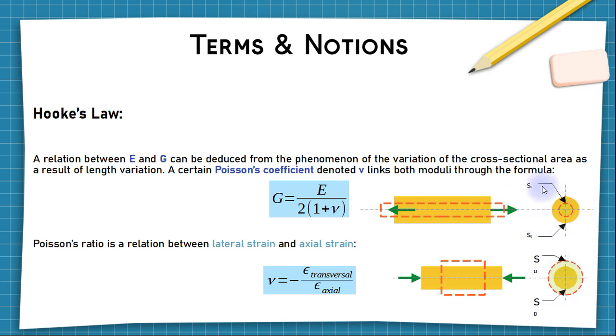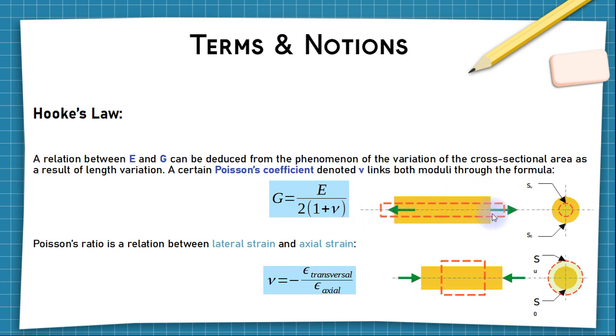So you see here, when something is solicited to tension, so two opposite forces, you see this is the initial beam, which is in yellow, and this is how it became, which is in red.